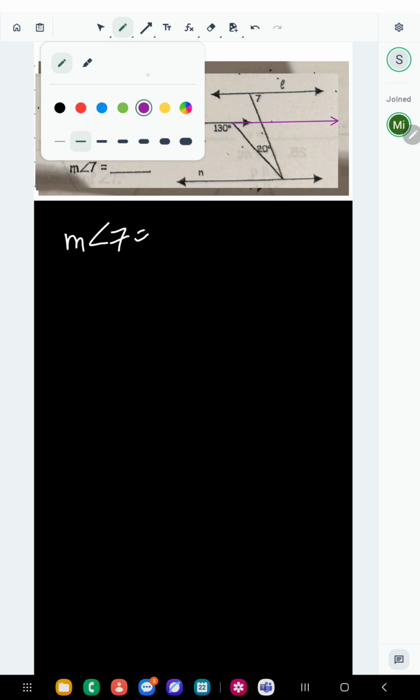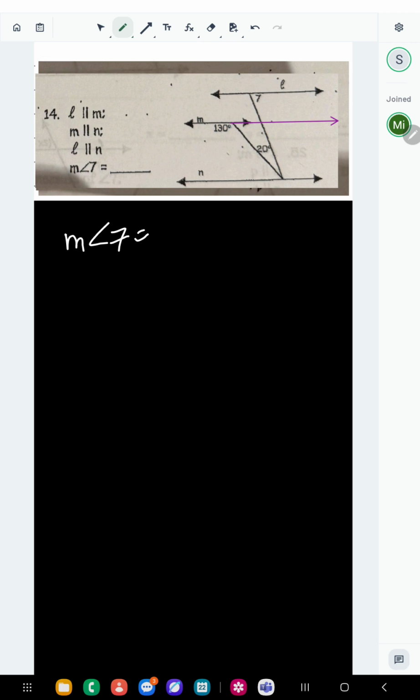Since line M is parallel to line N, that is a straight line, and this angle is 130, so that means this angle is 50 degrees. And then we're given the other angle, which is 20, so that means this forms a triangle.